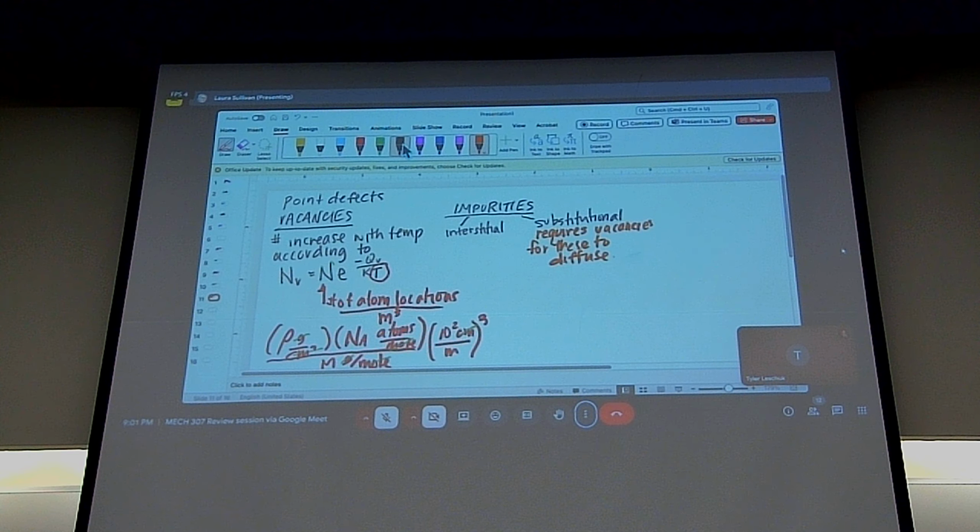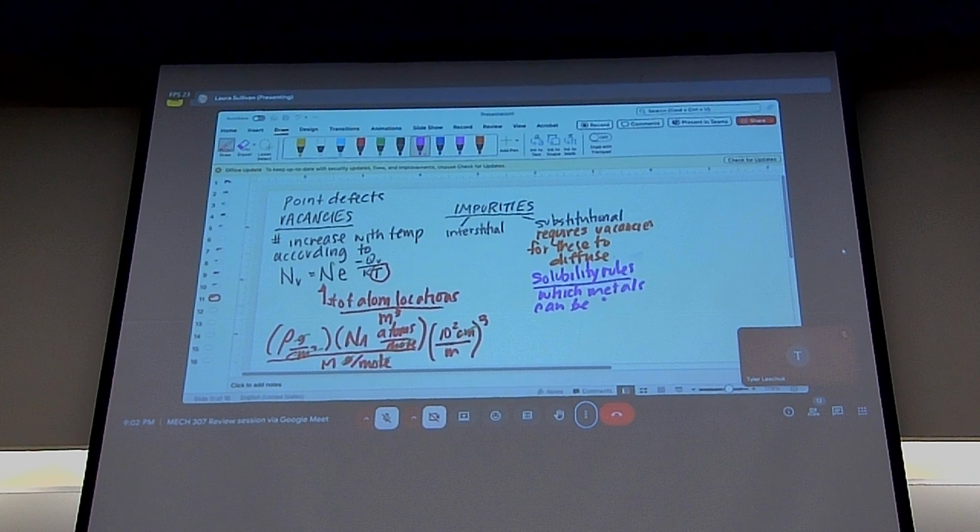And then we had solubility rules that determine which metals can be substitutional impurities into which other metals. So which metals can be solutes in a given metal solvent.